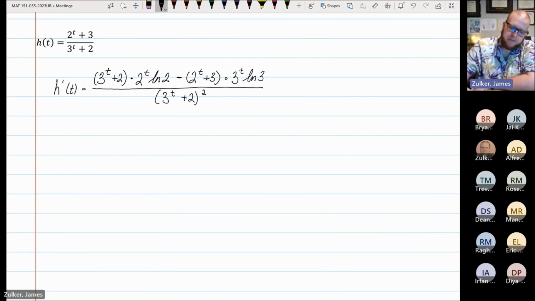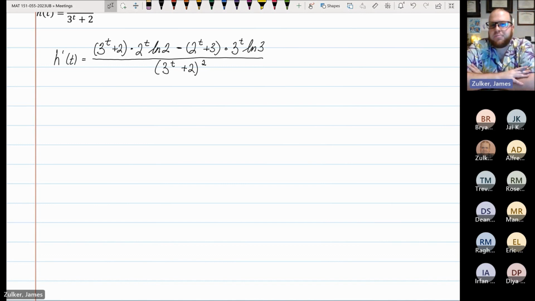Okay. Now it's time for algebra. Distribute the terms of the numerator through. Distribute the 2 to the t log of 2 through here.